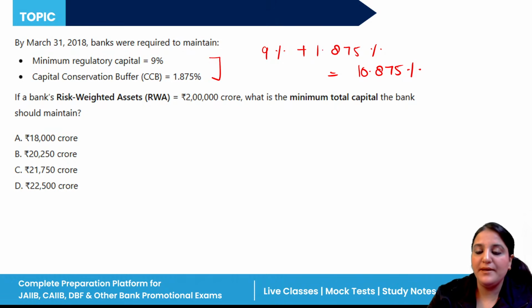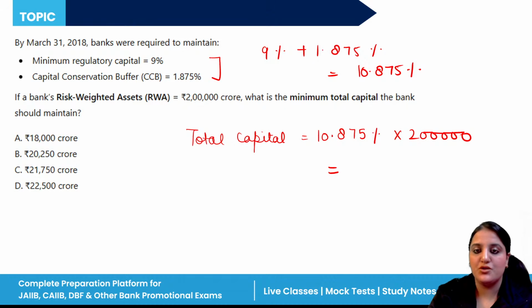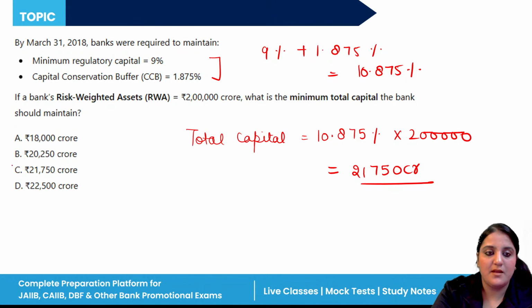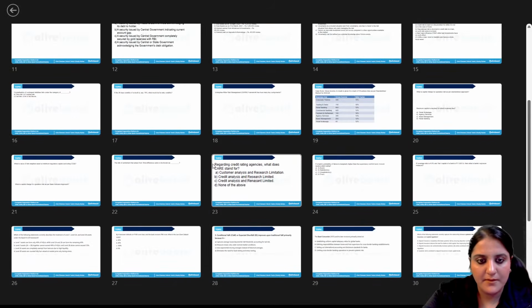Now calculate total capital, which is equal to 10.875% of 2 lakh crore, that is equal to 21,750 crore. So this is the answer. I think very simple question. You can find the total capital like this. Easy.